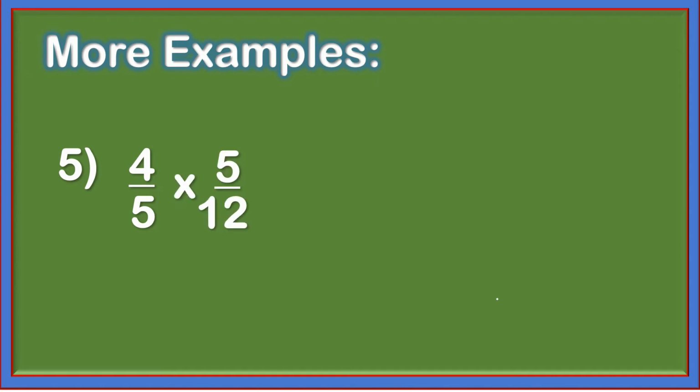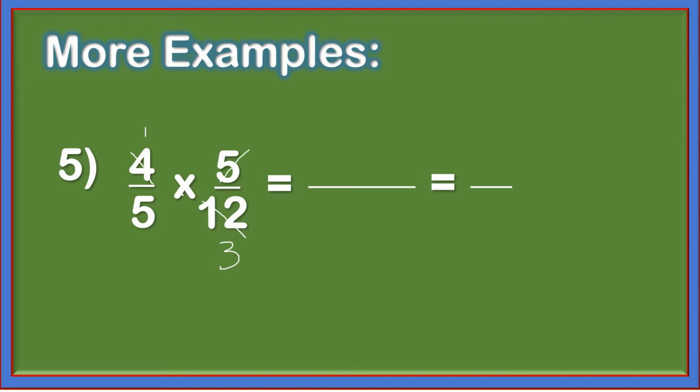Then, we have another example for number 5. 4/5 times 5 over 12. Okay? So, we will have to answer this one. Ang 4 ay makaka-divide sa 12. So, ang 4 magiging 1, ang 12 magiging 3. Because 12 divided by 4 is 3.